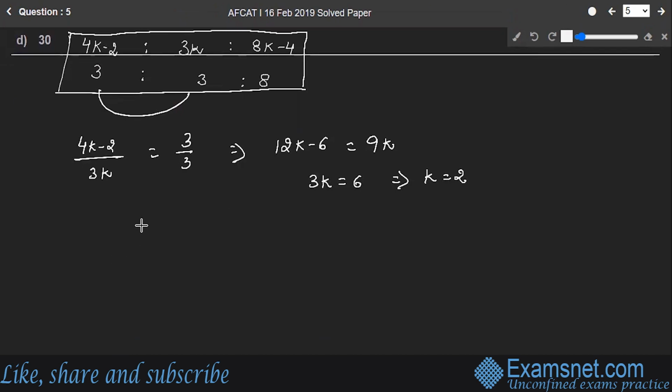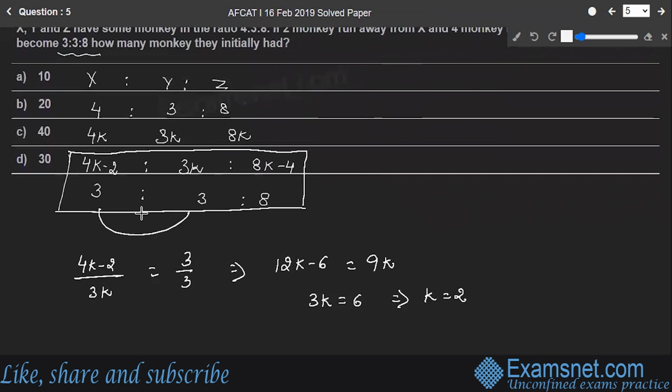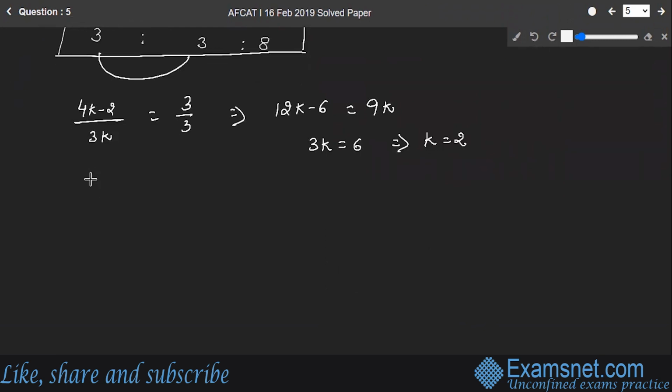Initially, the monkeys were in the ratio 4K, 3K, and 8K. So X, Y, and Z will have 8, 6, and 16 monkeys, right? So the total monkeys will be 30.